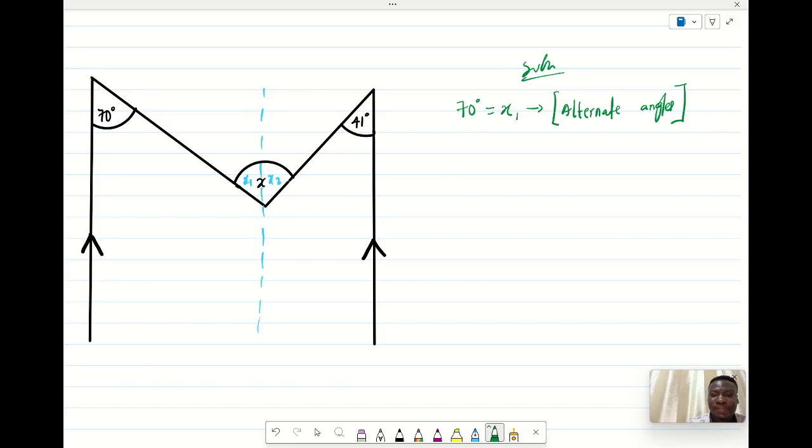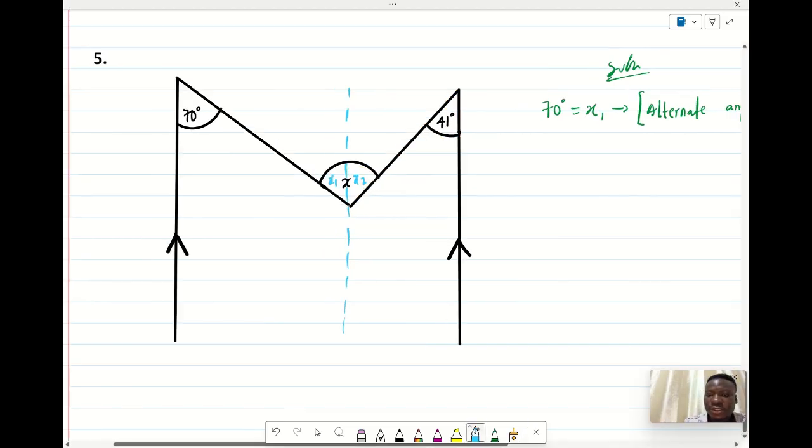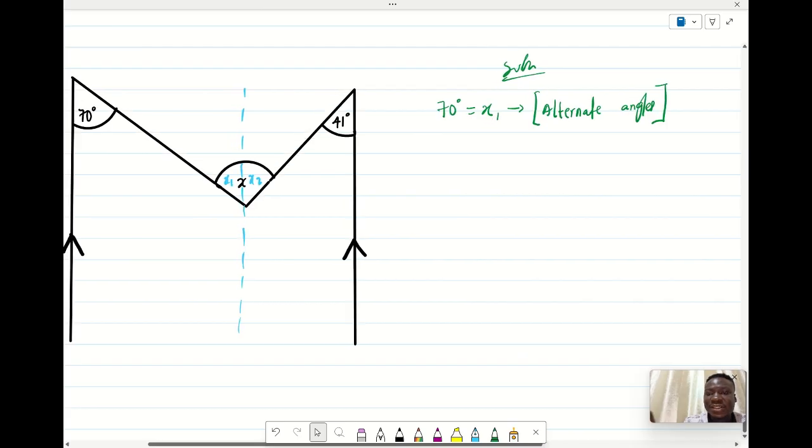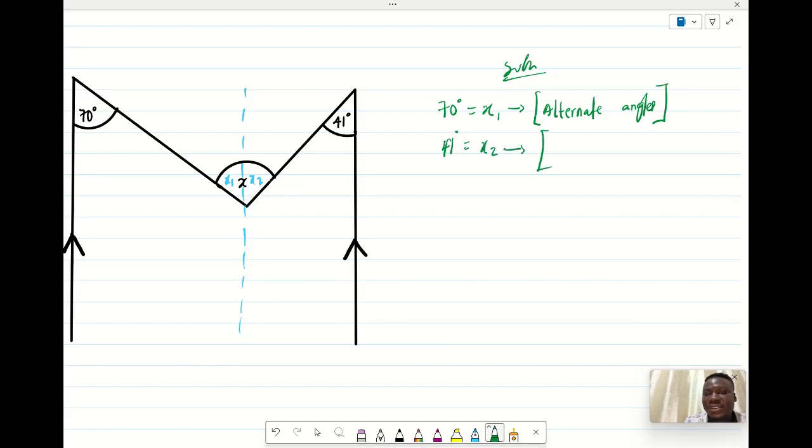Similarly, angle 41 degrees is also alternate to angle X2. I hope you can see it. So we can also write that 41 degrees is equal to the angle marked X2. And the same property exists here, alternate angles.